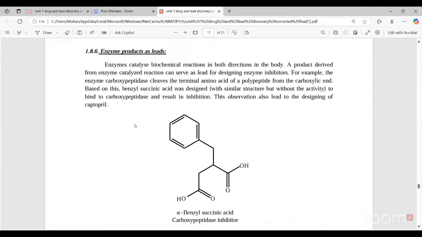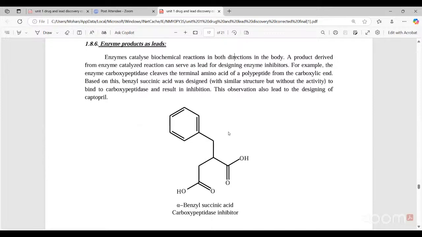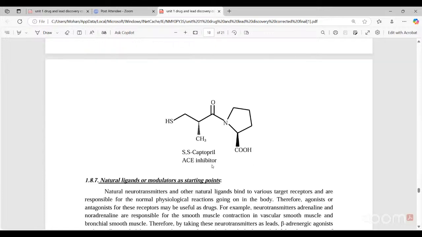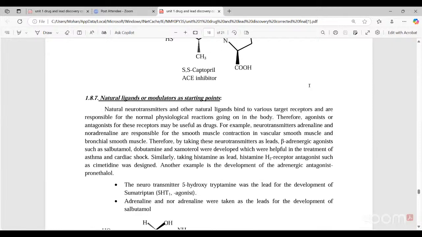Natural ligands and modulators are starting points here. Natural neurotransmitters and other natural ligands bind to various receptors and they are responsible for physiological reactions in the body. These systems may be useful as drugs.